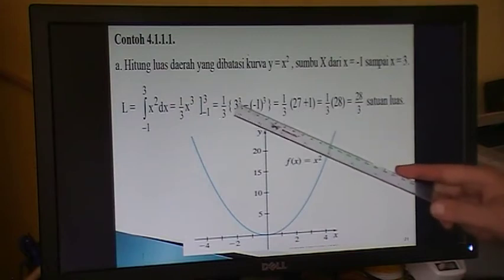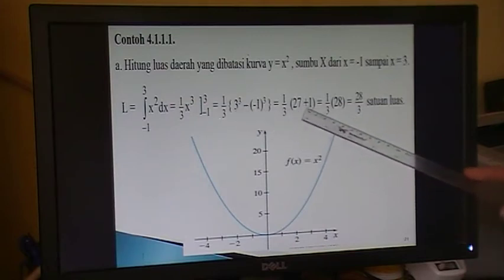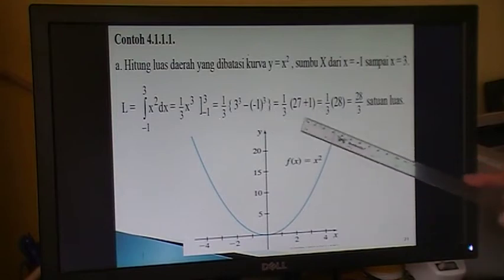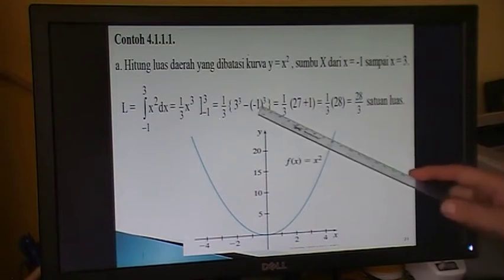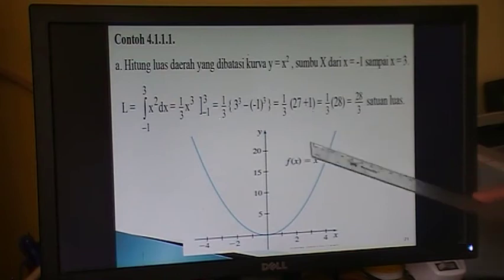This is 27, and this is minus 1, and minus minus 1 is plus 1. So altogether it is 1 over 3 times 28. So the area is actually 28 divided by 3. This is the simple example.